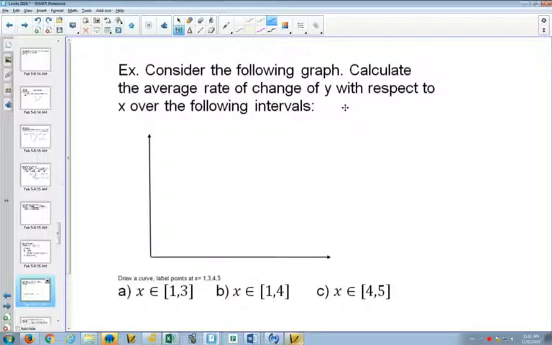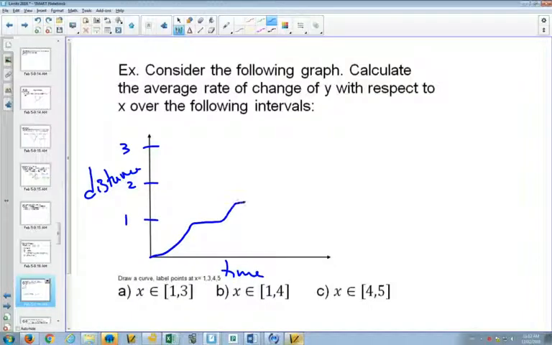So we kind of did this already, but we can make up another example here. We can do distance here and time here. This time we'll just take a bus driver. Bus driver is driving to school, starts off on his day, after a certain amount of time picks up a kid, so he's not going anywhere, then drives a little bit further, picks up another kid, drives a little bit further, and stops at the school.